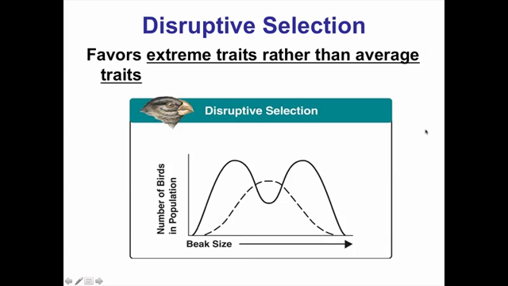All right, last example of selection is disruptive selection. In this case, it favors the extremes rather than the average. So again, we'll use our finches. So imagine here, again, the dotted line representing the original population. And let's say the environment changes, and this is an extreme example, but we'll just use it. It kind of helps us paint a mental image here.